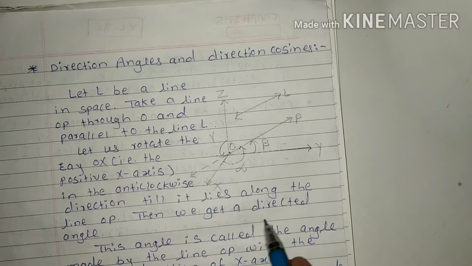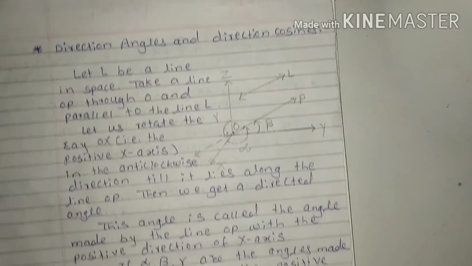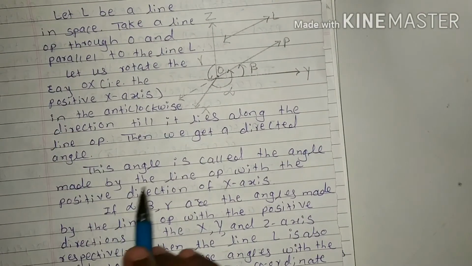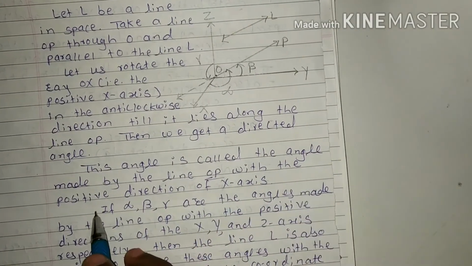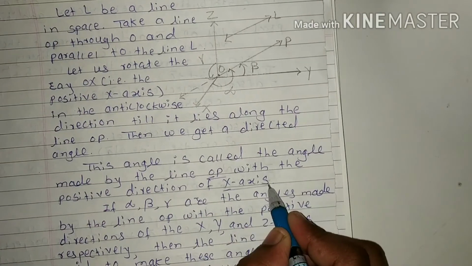Then we get a directed angle. This angle is called the angle made by the line OP with the positive direction of the x-axis.